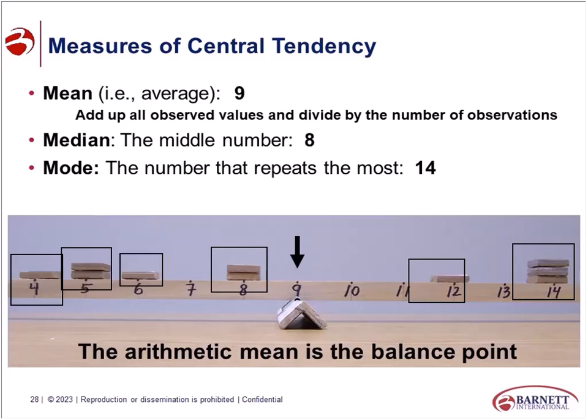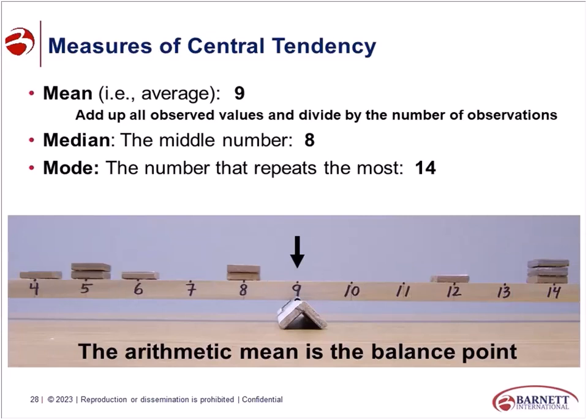That's the mean. What many people don't know is the mean is a center of gravity. When you talk about a measure of central tendency, that's a center of gravity. So when you put these tiles on a balancing beam, the balancing beam will only balance at one point, and that point is 9.